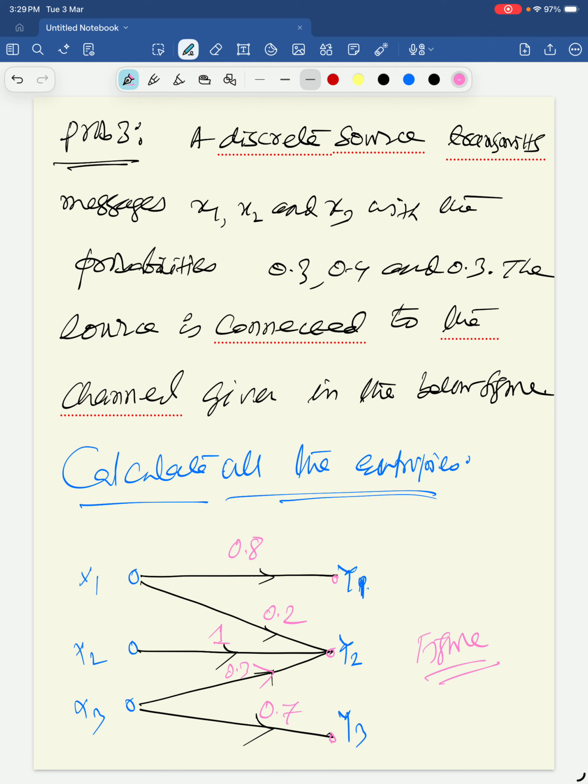So now solve. I will give you the result. What is the answer?